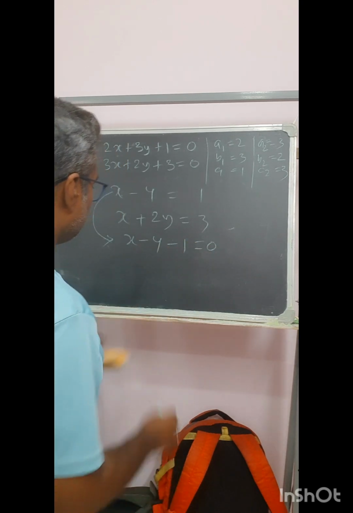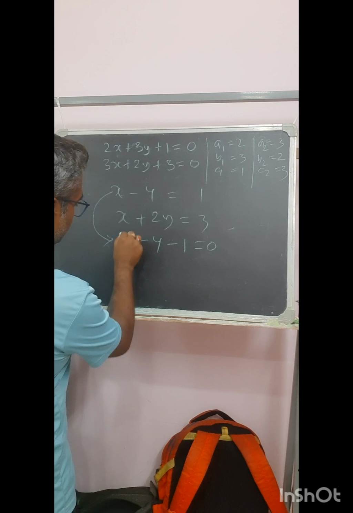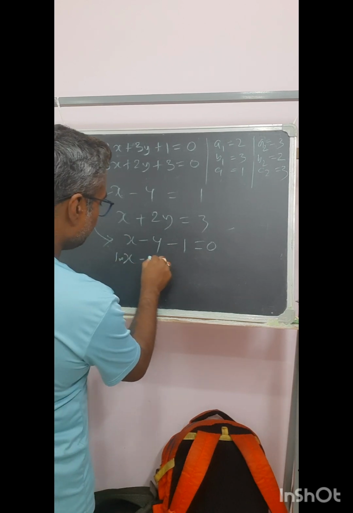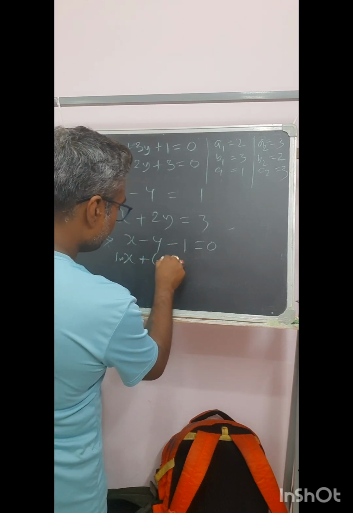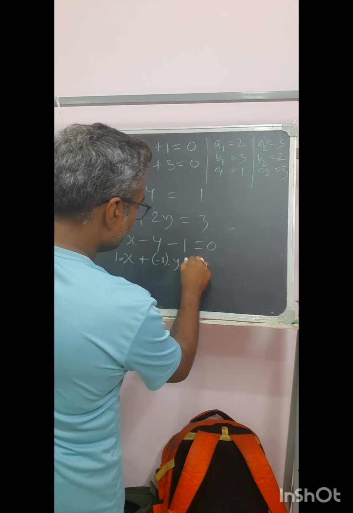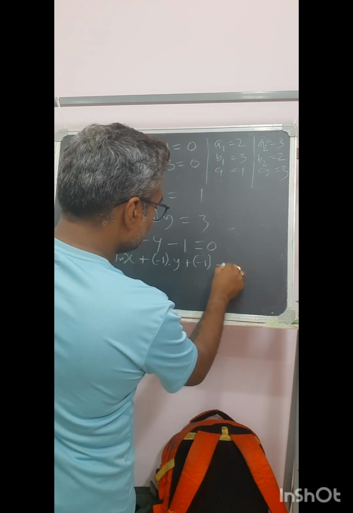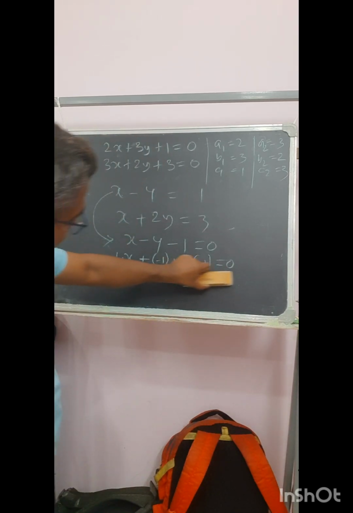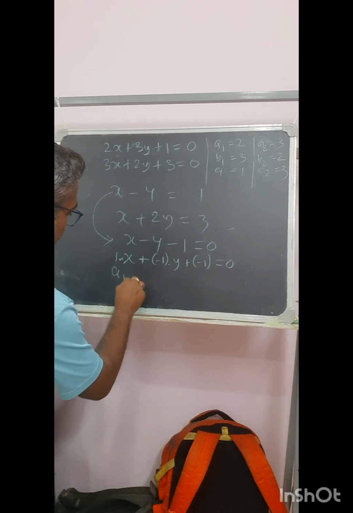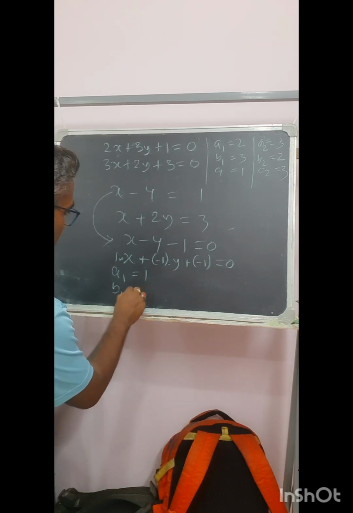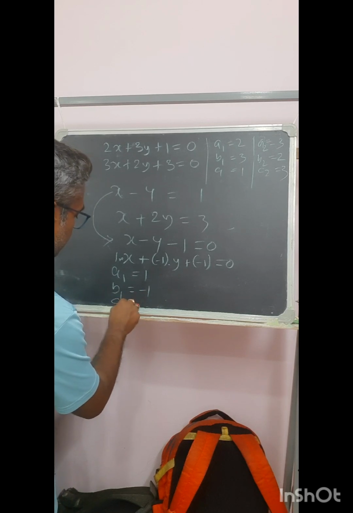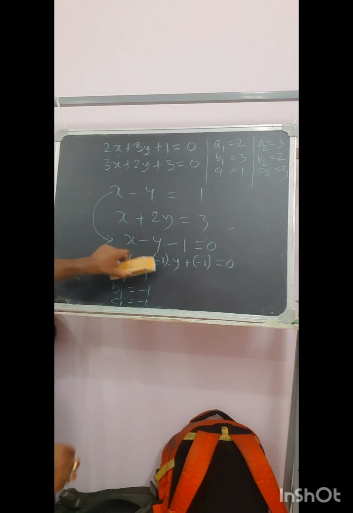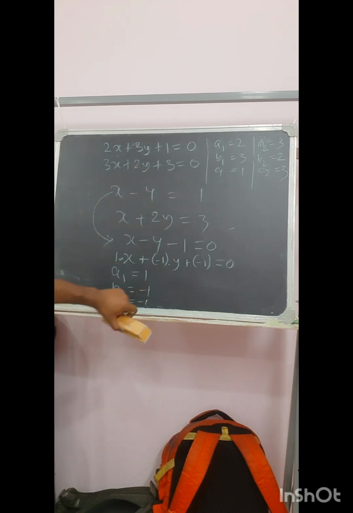How will you bring it? The x coefficient is 1, here plus of minus 1 into y plus of minus 1 is equal to 1. If you represent it in this form, here a1 is equal to 1, b1 is equal to minus 1 and c1 is equal to minus 1. Once you do that and during calculation you consider these values, there will be no ambiguity.